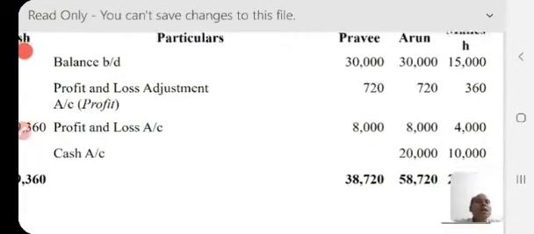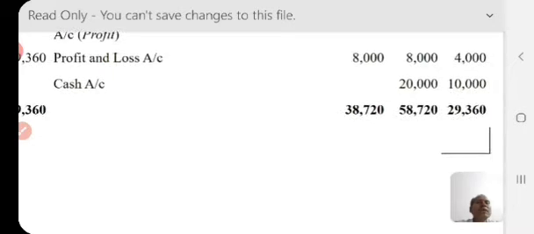Already we have seen in the previous classes that any undistributed profits or losses should be distributed among the partners at the time of retirement.